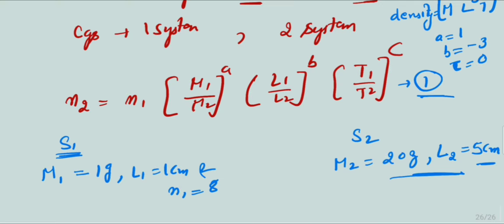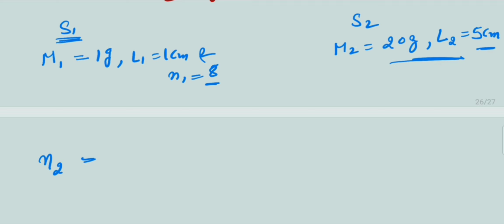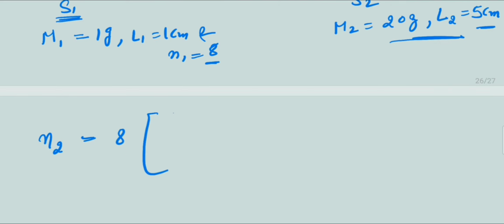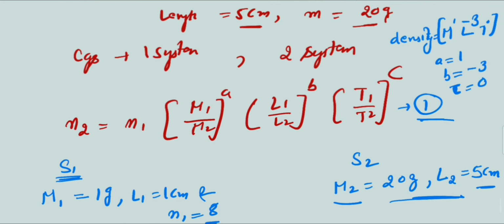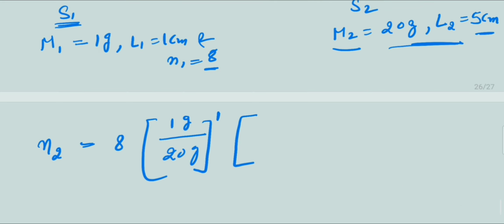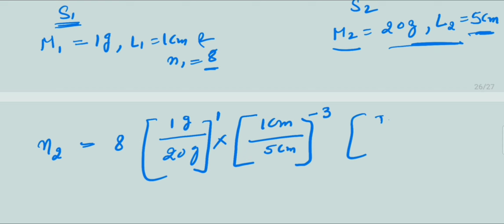So we'll get N2 is equal to N1, which is 8, times M1 which is 1 gram divided by M2 which is 20 grams raised to power A, where A is equal to 1, multiplied with L1 which is 1 centimeter divided by L2 which is 5 centimeter raised to power B, which is minus 3, and T1 divided by T2 raised to power 0.